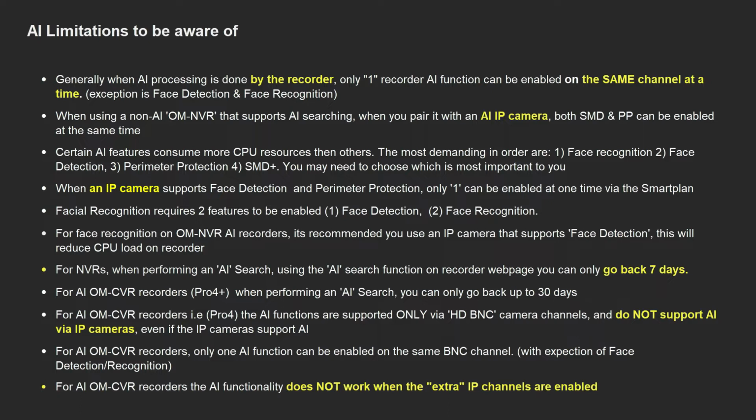And just so you know, certain AI features consume more CPU resources than others. So face recognition is the most CPU intensive, then face detection, perimeter protection, then SMD, smart motion detection. So for example, if you wanted to do multiple face recognitions, if the recorder supports it, you may have to reduce your number of other types of analytics.